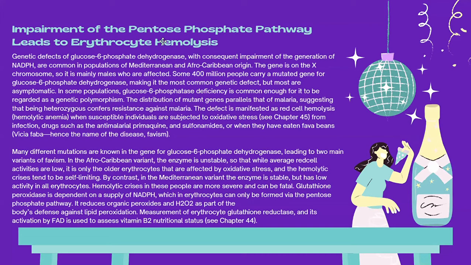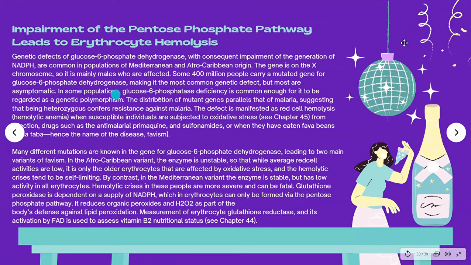Impairment of the pentose phosphate pathway leads to erythrocyte hemolysis. We have mentioned this already, no? Some 400 million people carry a mutated gene for glucose 6-phosphate dehydrogenase, making it the most common genetic defect, but most are asymptomatic.